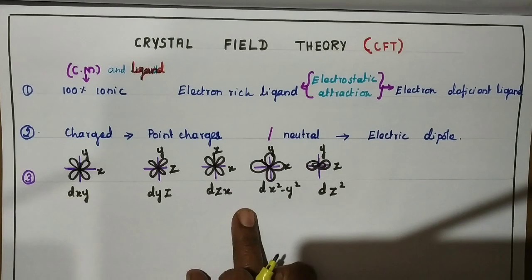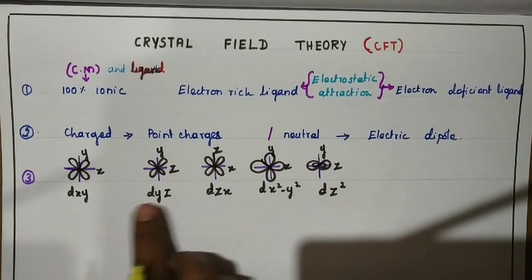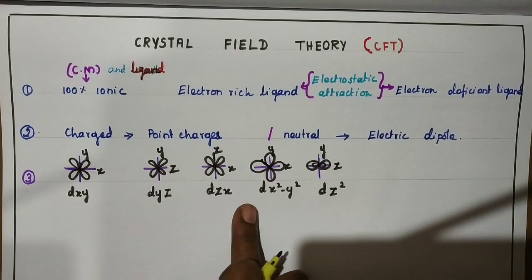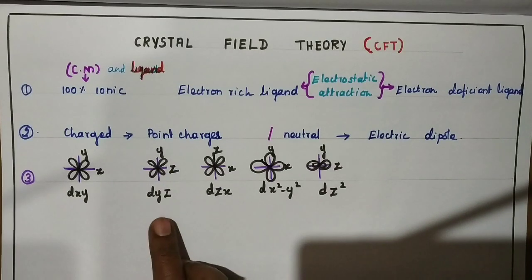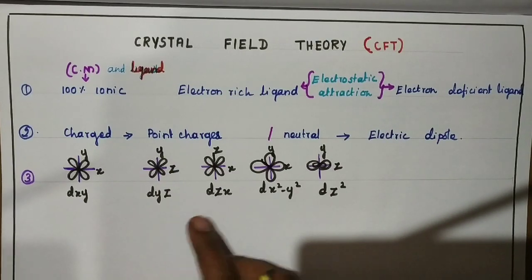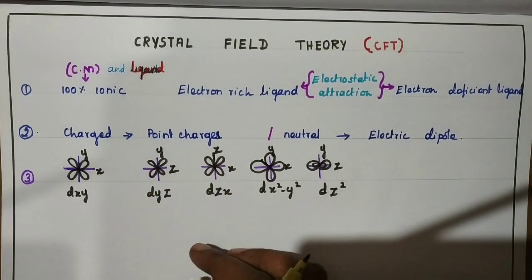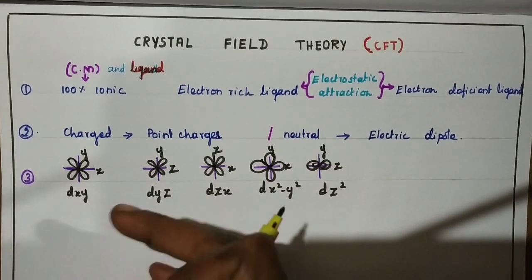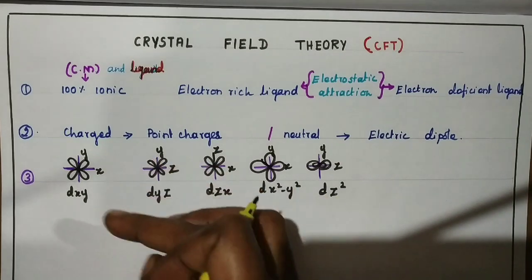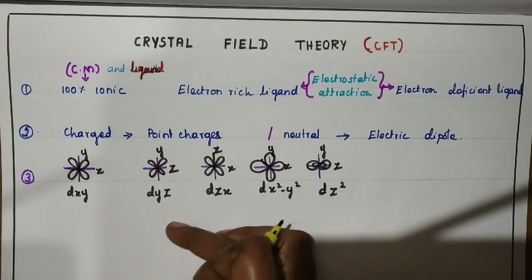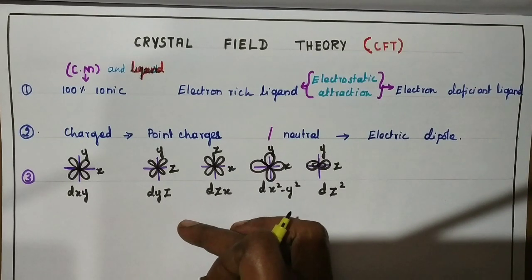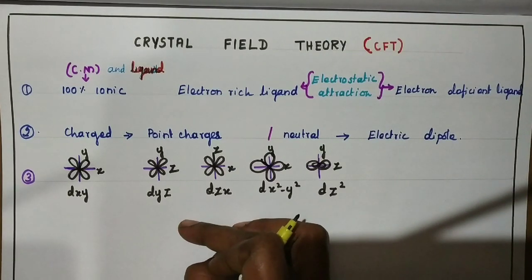The ligands form a spherical field of negative charge around the metal, with the central metal ion present inside it.